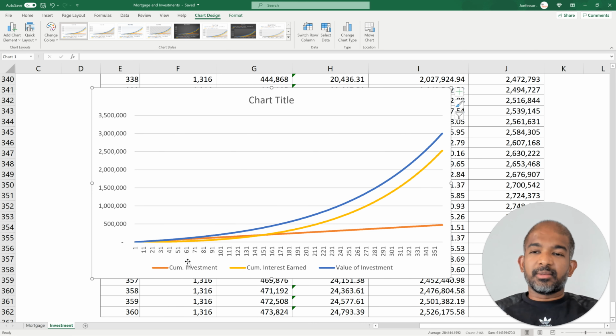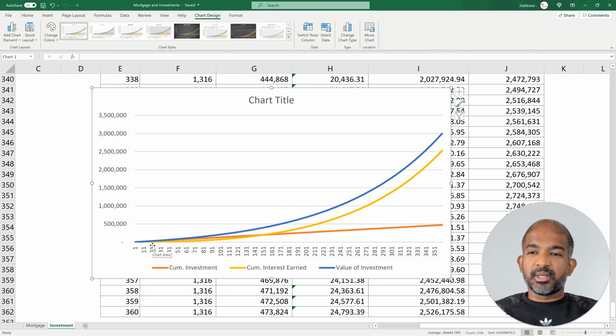Okay, now we have three variables which are of interest to us. Look at the cumulative investment, which is the orange line, which is the $1,316 invested every month. You keep investing every month, and the sum of those investments grow at this particular rate. If you look at the yellow line, the cumulative interest earned, this is where the power of compounding kicks in, right?